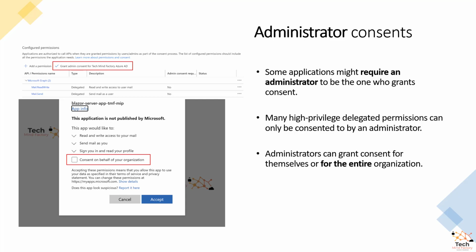So I can either consent as me, as administrator, without selecting this checkbox, and I can just click the accept button and it will be granted only on behalf of myself, the administrator. Or if I select this checkbox, then I consent on behalf of the organization. So in this case, when any other user will try to sign in, all those permissions will be automatically granted. So the consent screen will not be displayed.